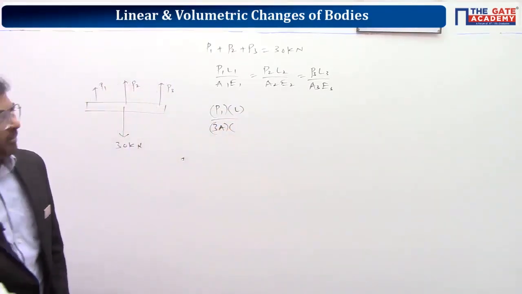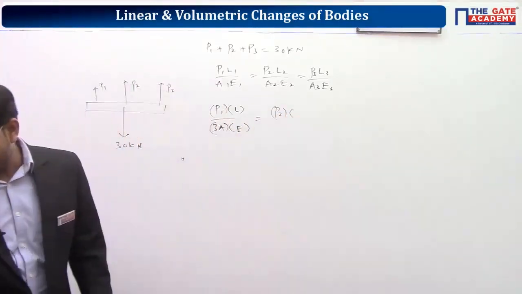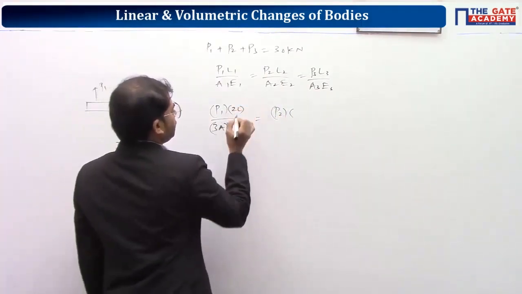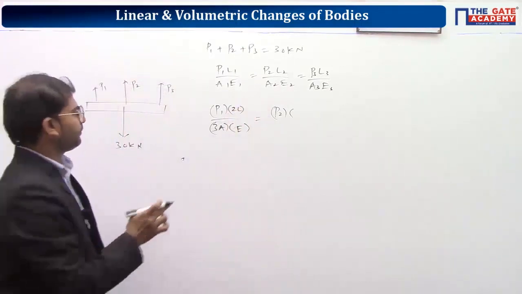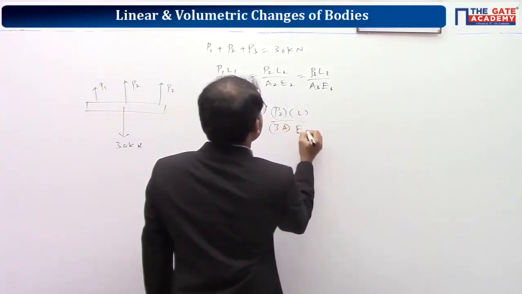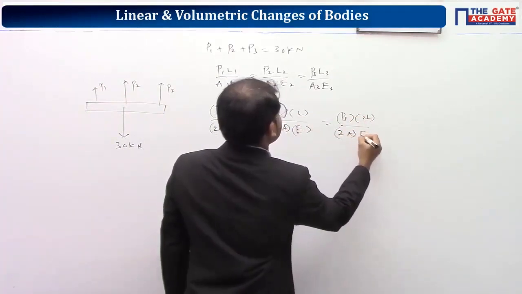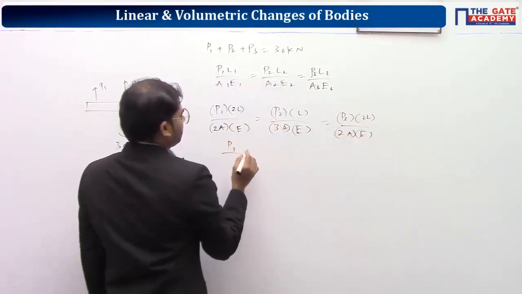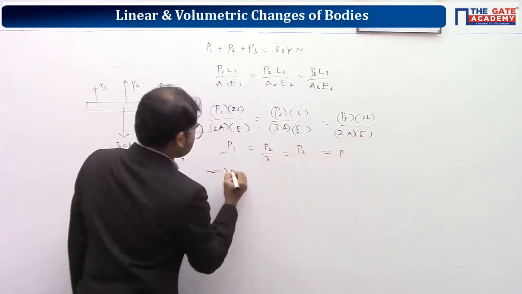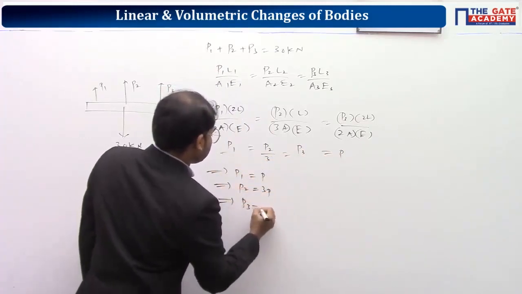All the rods are made of the same material, so same Young's modulus. For P2, central one is L, outer one is 2L, and area is 2A. So P2 into L by 3A E is equal to P3 into 2L by 2A E. This gives P1 is equal to P2 by 3 is equal to P3. Take it as P. This implies P1 is equal to P, P2 is equal to 3P, P3 is equal to P.